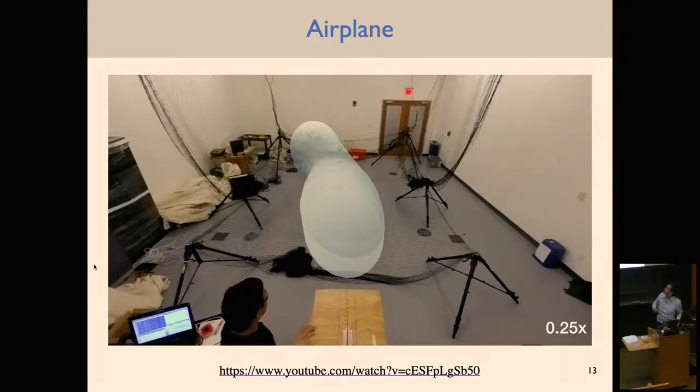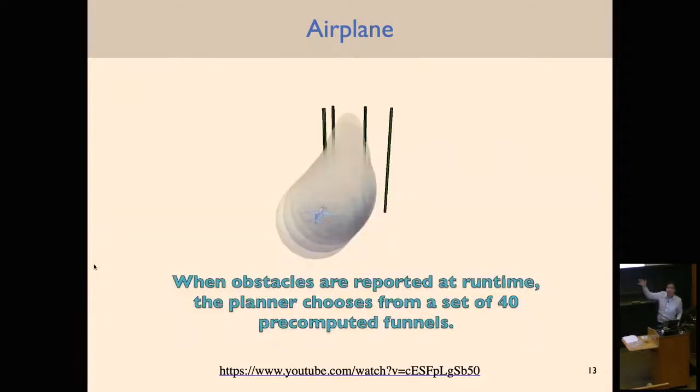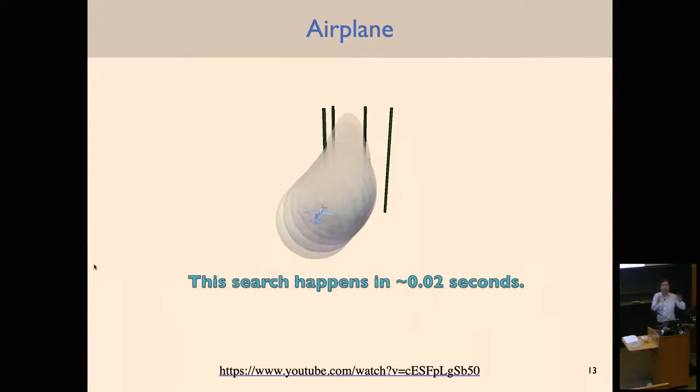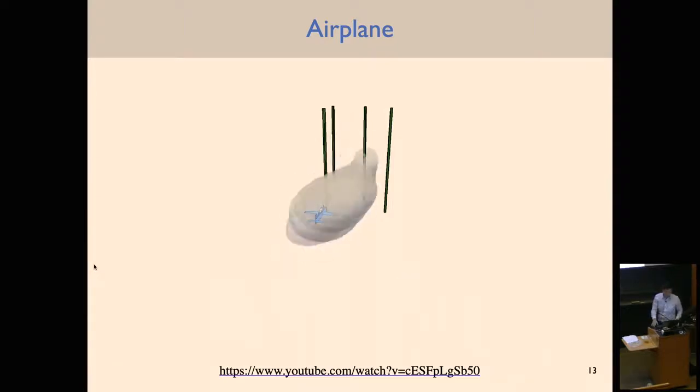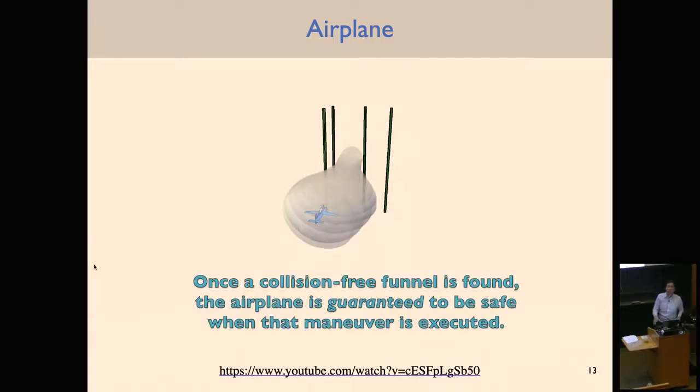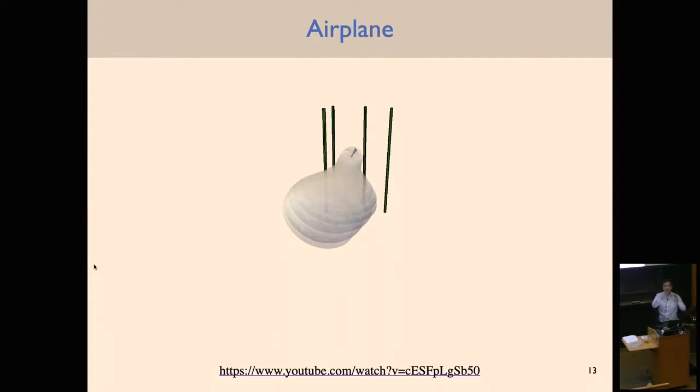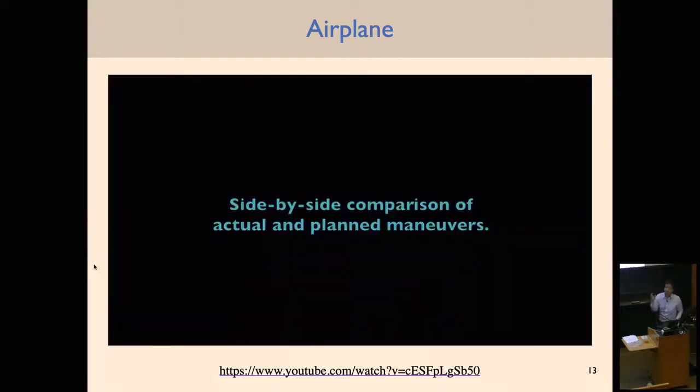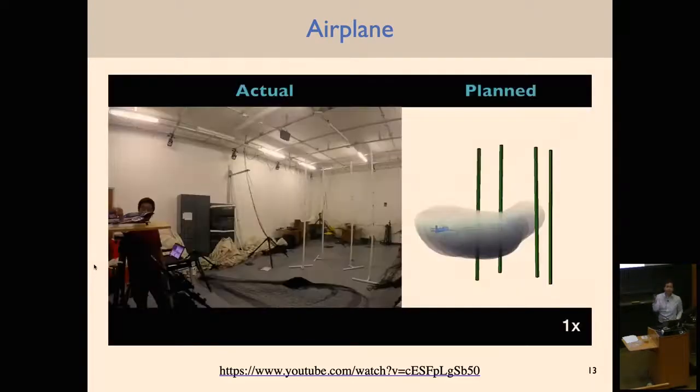I won't have time to go into that, but what we can guarantee is that the robot is not going to leave these tubes if you apply your feedback controller. At runtime, when the robot is told here are a bunch of obstacles, it searches through this library of trajectories with associated tubes and tries to find one that's collision-free, one that doesn't intersect the obstacles. If it finds one, it executes that.